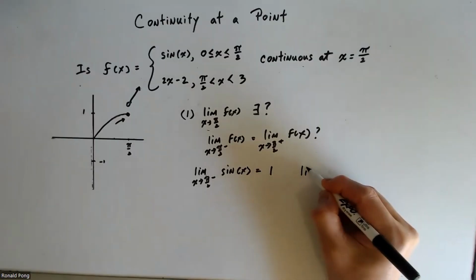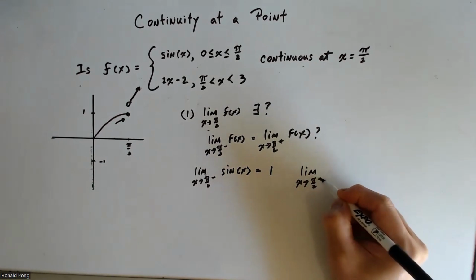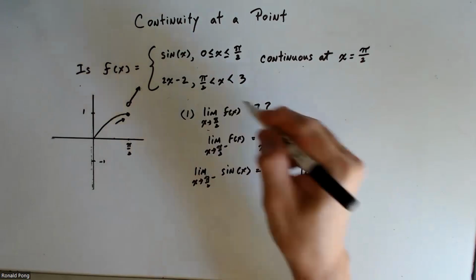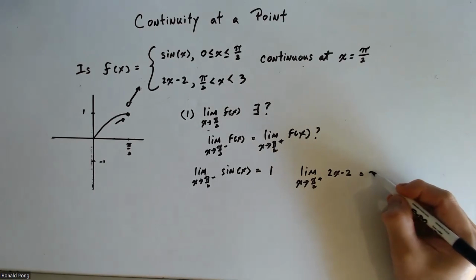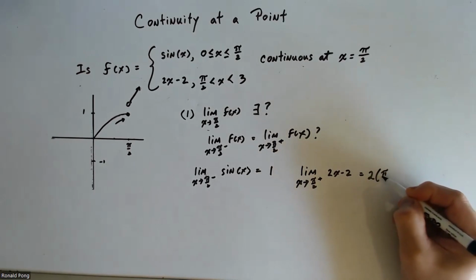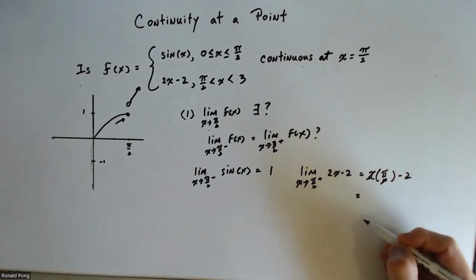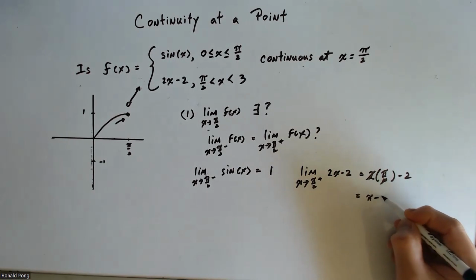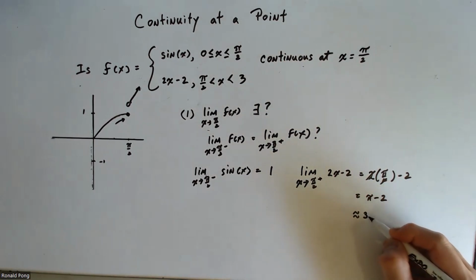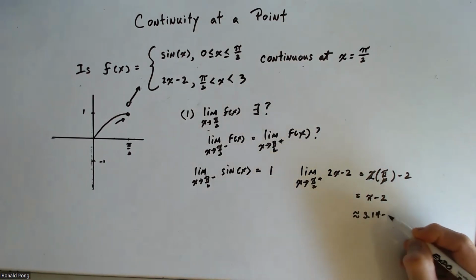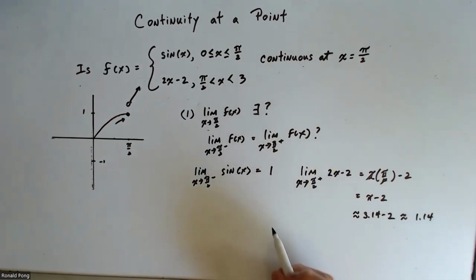On the other hand, the limit as x approaches pi over 2 from the right of the other part of this piecewise function, 2x minus 2, plugging in, gives us 2 times pi over 2 minus 2. We notice that the 2's cancel, and this gives us pi minus 2, which we could estimate, because pi is irrational, as approximately 3.14 minus 2, or approximately 1.14.